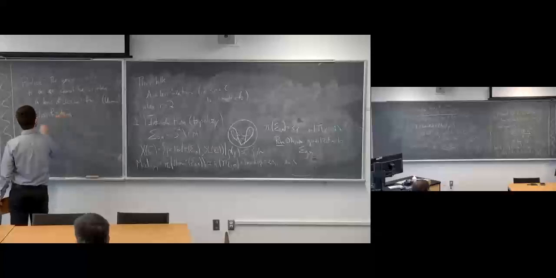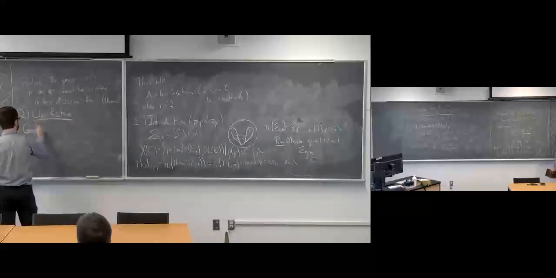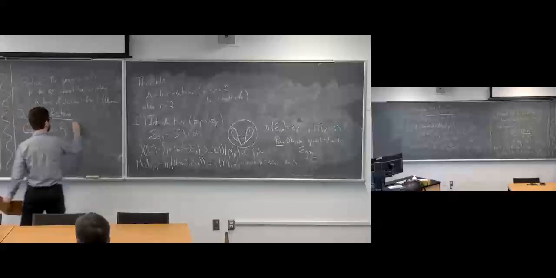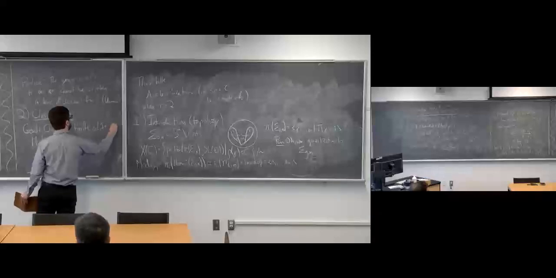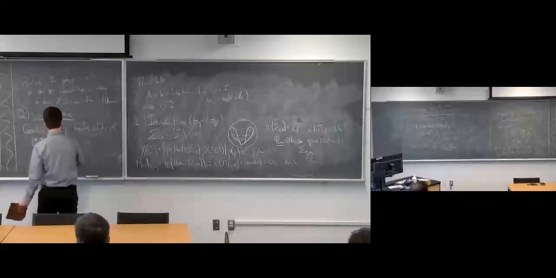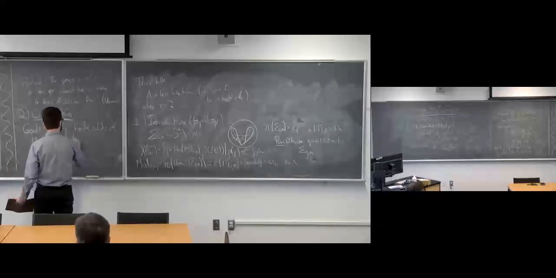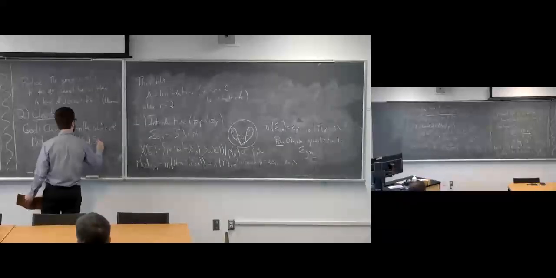Maybe I should begin by saying what's already known. Before I do that, what's the goal? It's to classify finite mod 0n orbits of the action of this group on what I call X of C. Let me just write it out. It's on Hom of pi_1 of the sphere minus n points to SL2(C), modulo conjugacy.